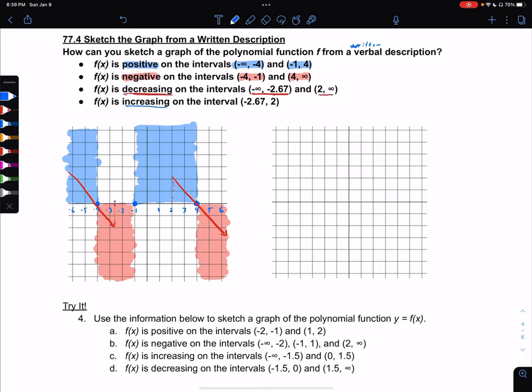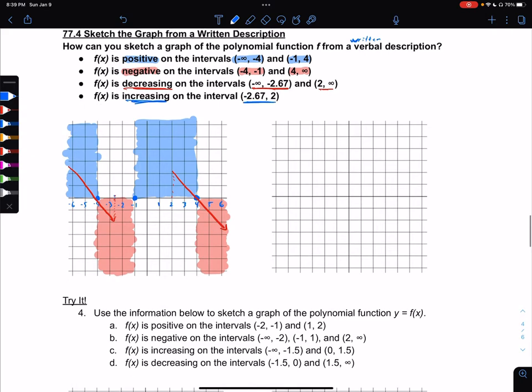And the graph is going to increase from -2.67 to 2, and it needs to go through -1. So it's going to increase from here to here. Again, we don't know what the y value is. That might be 2, it might be 100. We don't actually know, but we're only worried about the x's and the intervals.